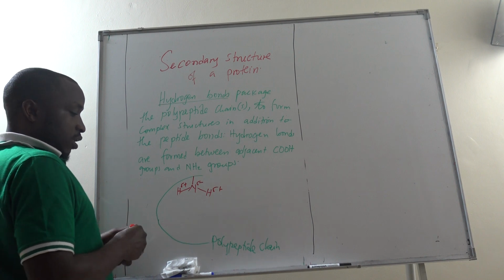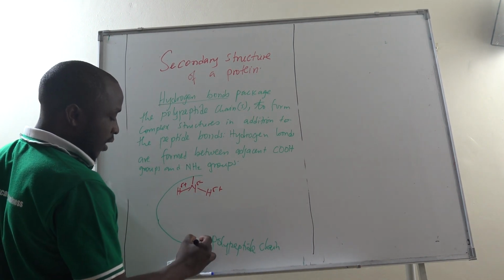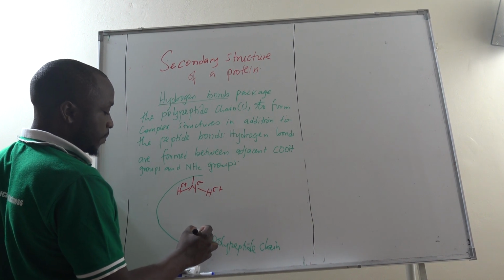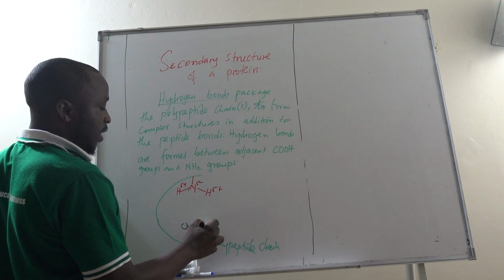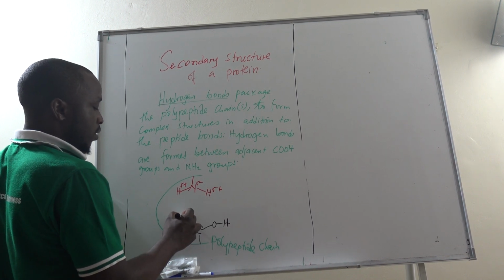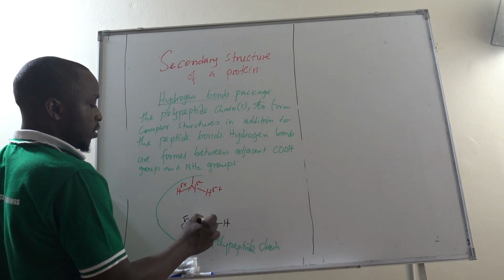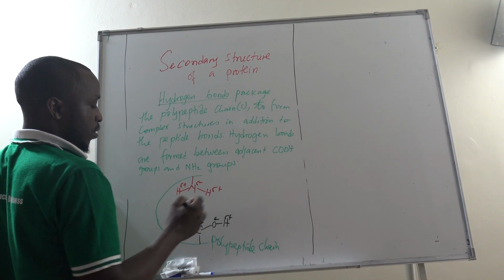If in the same chain, the carboxylic group here is also exposing what it has, so this is partial negative, partial positive, partial negative, partial positive.